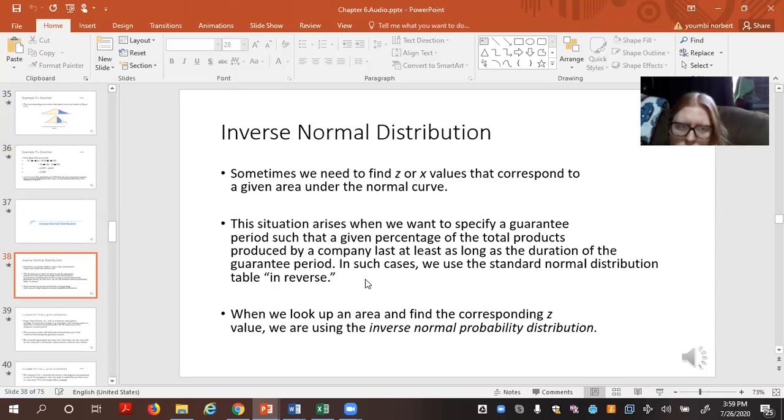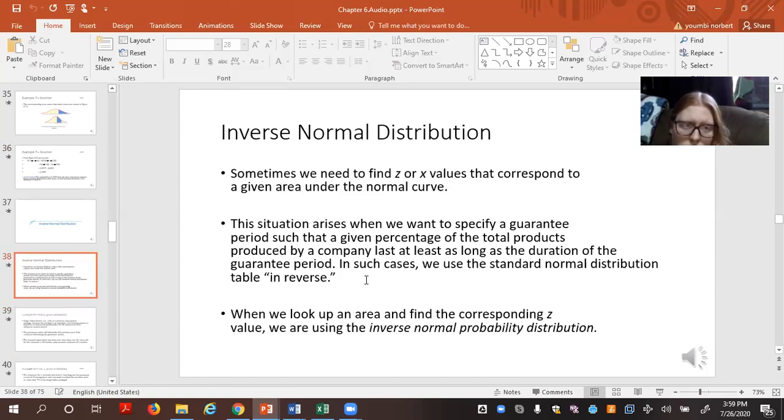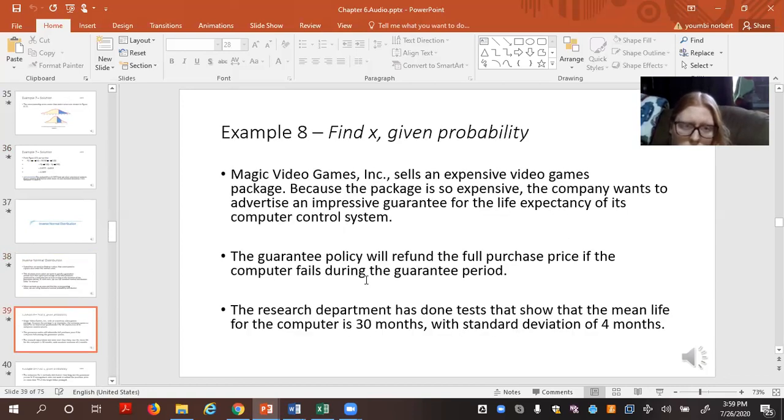The inverse question is, if you have the probability, how do you get the score? For example, if I ask you, what is the Z value so that the area to the left of Z is 0.05?